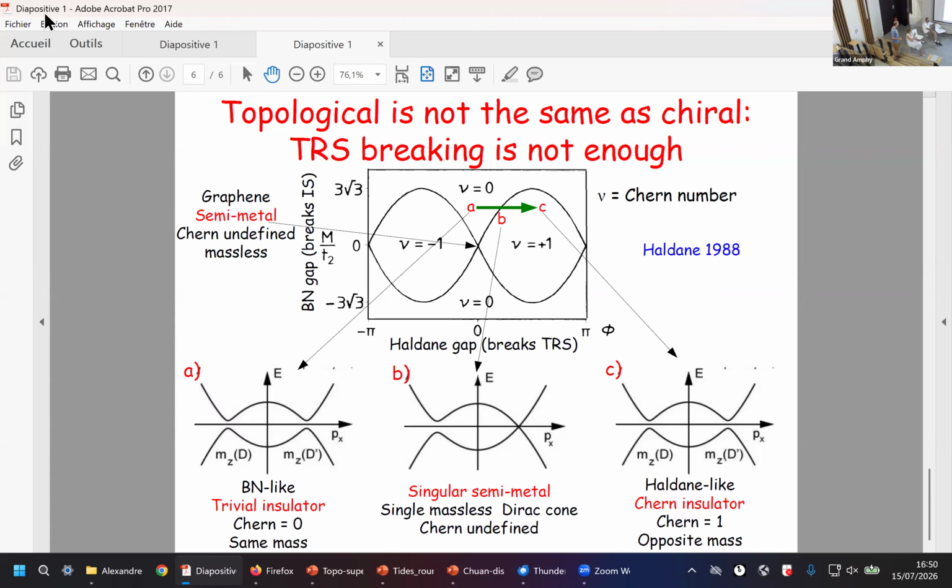Chiral, you just break time reversal symmetry. Okay, there are several definitions of chiral. If you're a magnet, you also have... In their meaning, chiral just means broken time reversal. If you have an antiferromagnet, it's not chiral, but you still break time reversal.